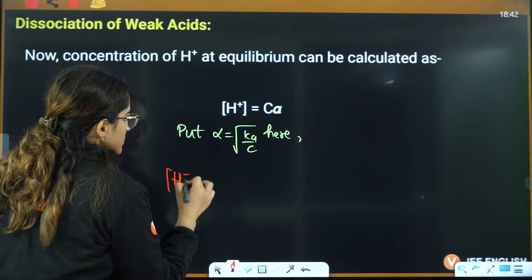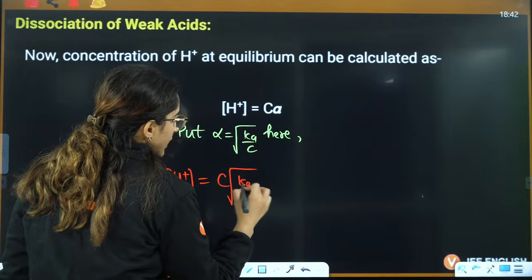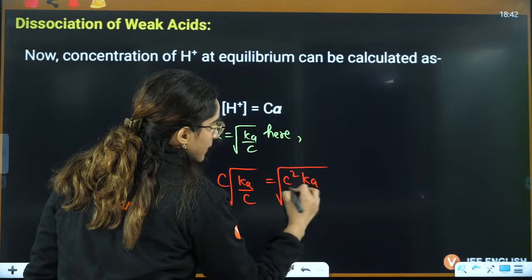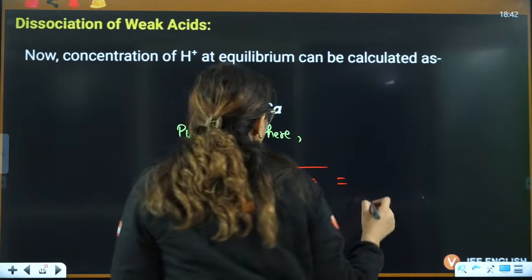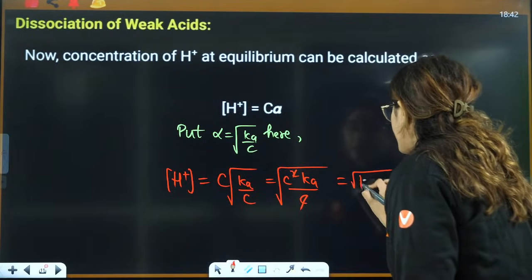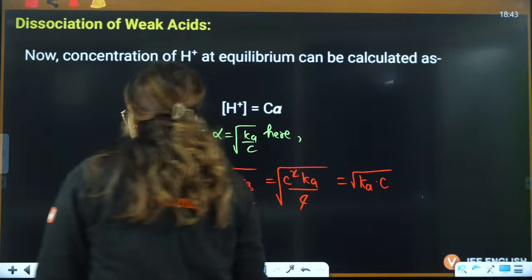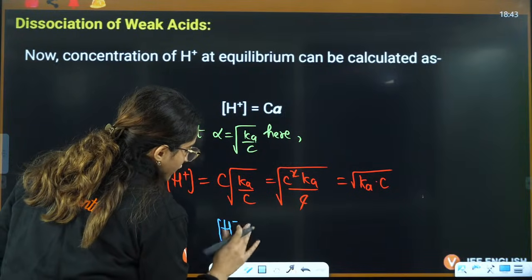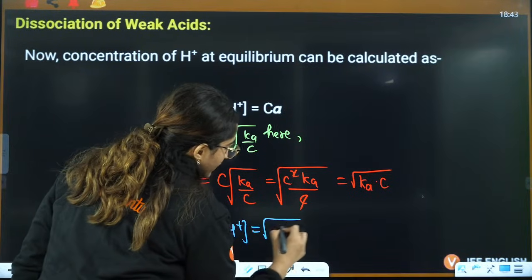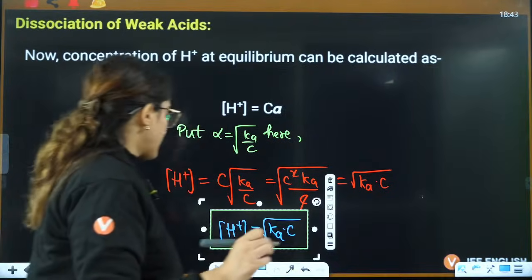H positive concentration equals C into under root of Ka by C. I'll take C inside, it will become under root of C square Ka by C, C will cancel, and this will be under root of Ka into C. This is very important. So the formula becomes H positive concentration is equals to under root of Ka multiplied by C.